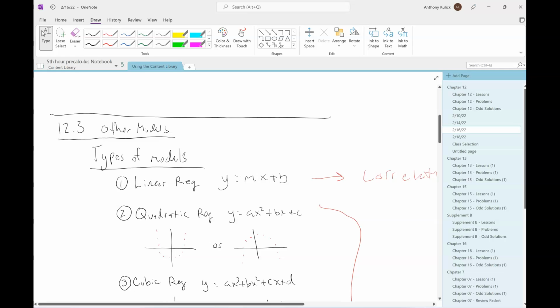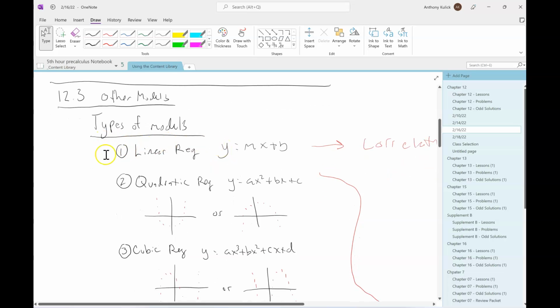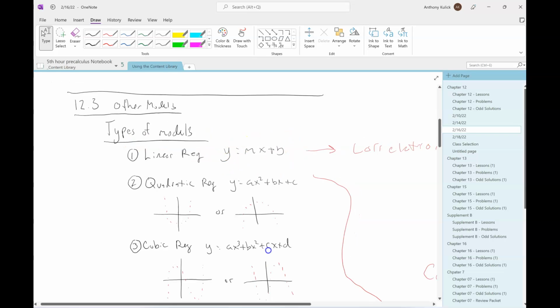Today, we're going to work in section 12.3, talking about other types of mathematical models. So we've already talked about in section 12.2 linear regressions. So that's basically writing a y equals mx plus b equation.